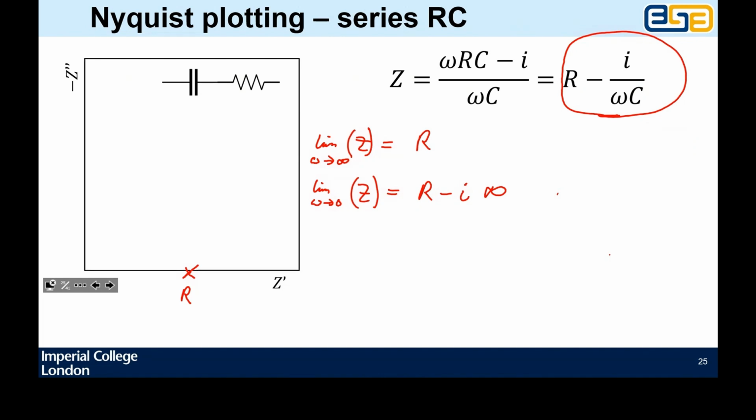But the imaginary bit is going from 0, exploding up to negative infinity. So this thing's going off up here like that, with omega going to infinity here and omega going to 0 up here. It's just that vertical line again, but now it's been shifted horizontally by R.